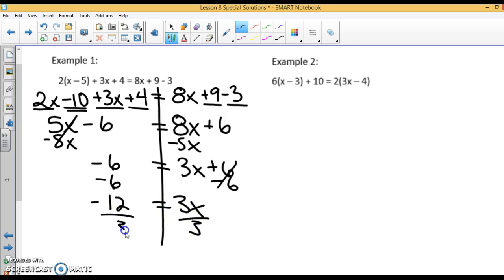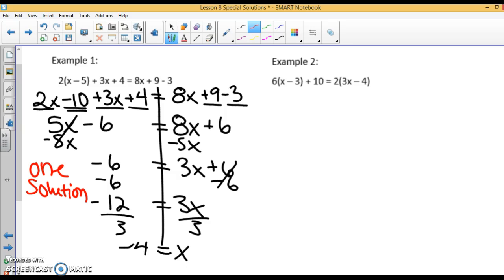Divide by 3, and I will get negative 4 equals x. I came to one solution. I got one answer. So this is going to be a one solution equation.